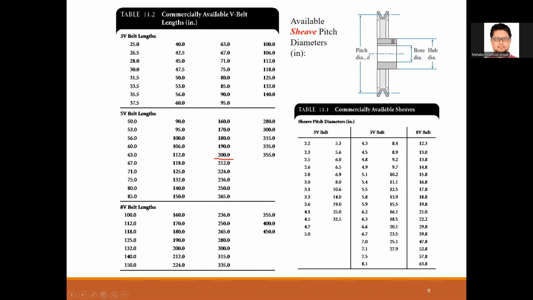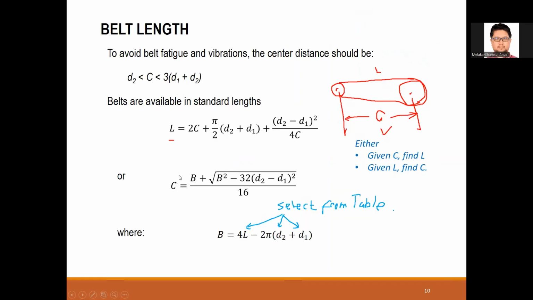So you have to choose from what is available. So if not available, you go to the closest one. So you either go one up or one down. Okay. So once you make your selection, you go back here and try to calculate whether you got the acceptable center distance here.